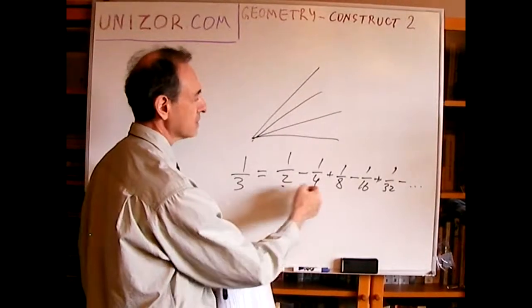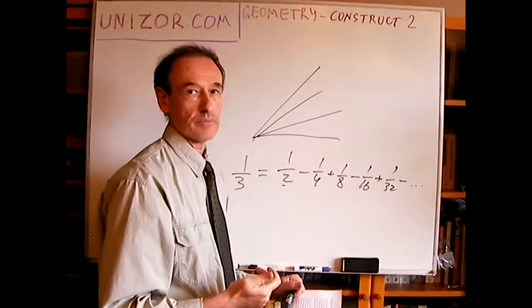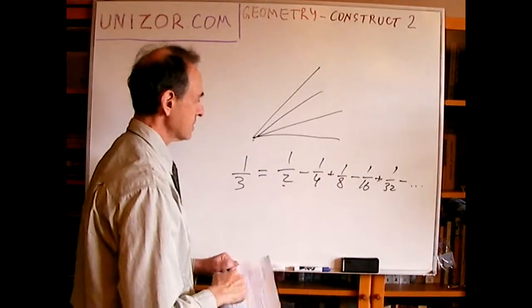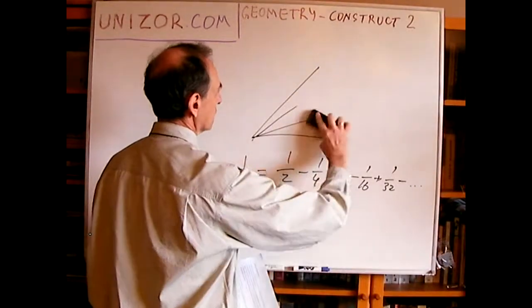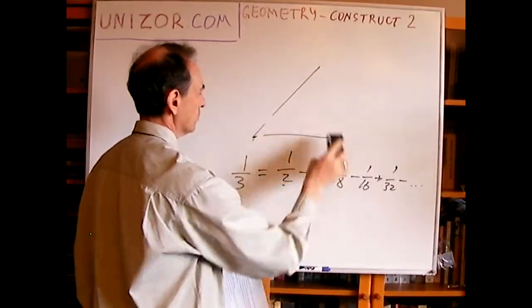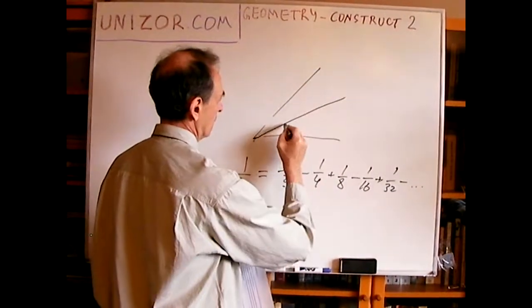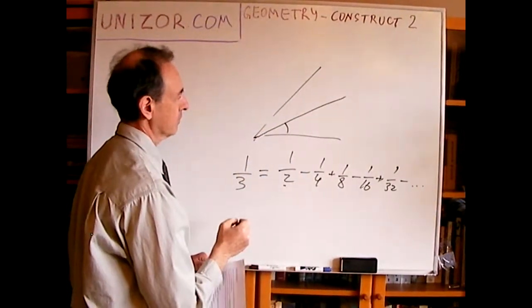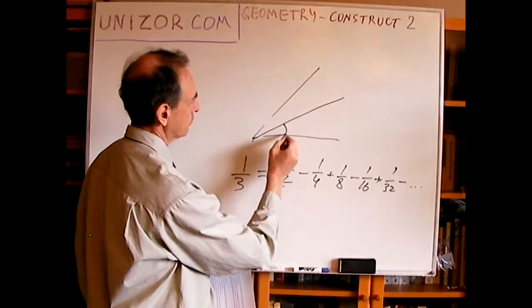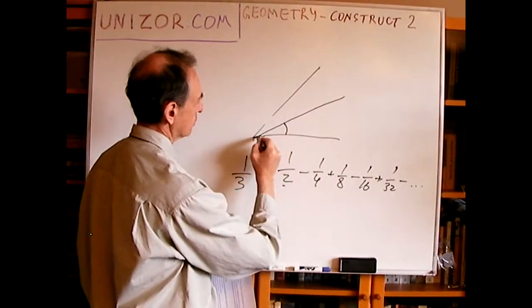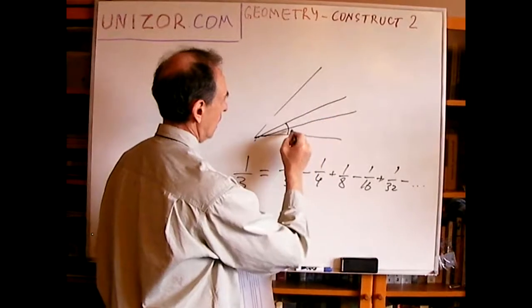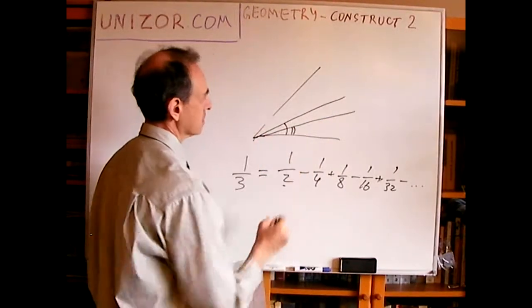Now, how to build this particular sequence? Well, that's simple actually. You start from the angle, you divide it by 2, and you get half of the angle, right? Then you subtract 1/4, which means you have to divide it by 2, and this is what remains.